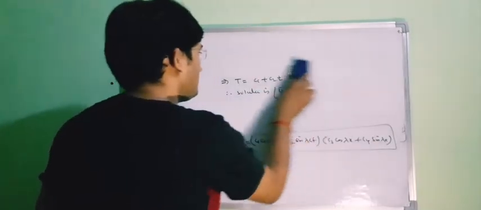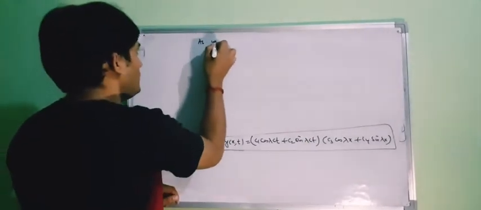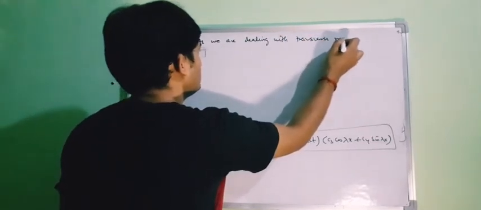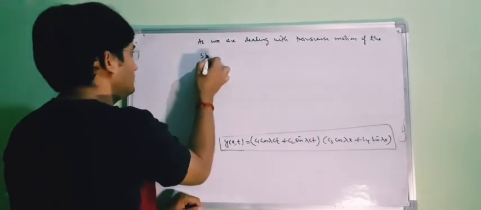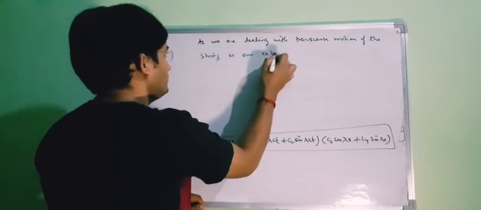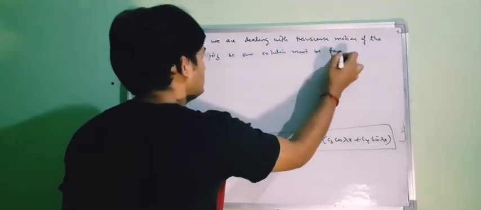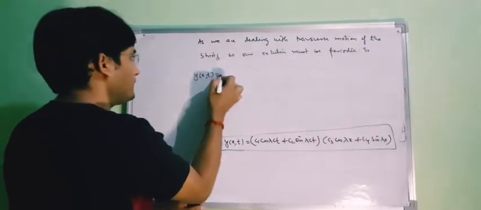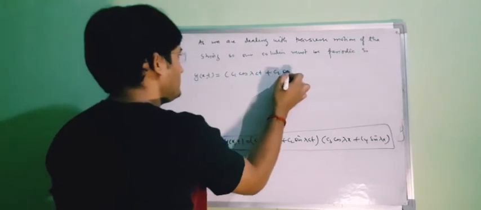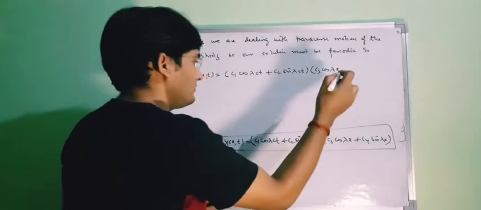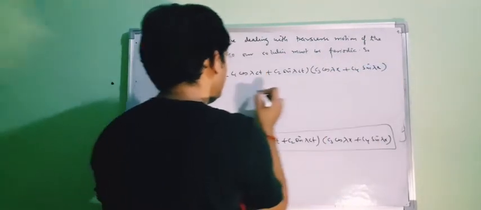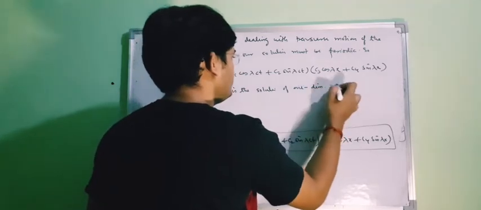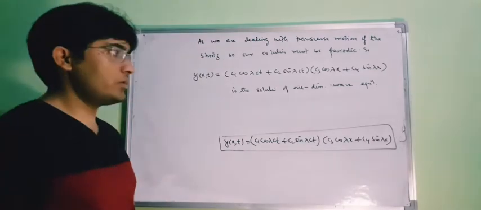So y(x,t) equal to c1 cos lambda c t plus c2 sin lambda c t, times c3 cos lambda x plus c4 sin lambda x, is the solution of the one-dimensional wave equation.